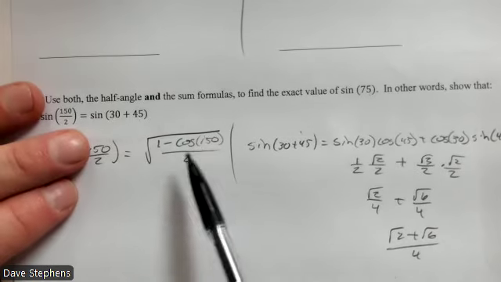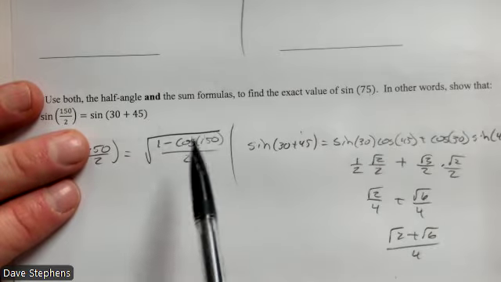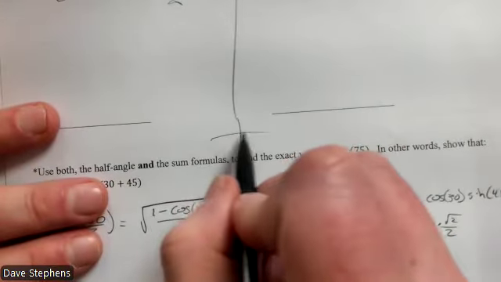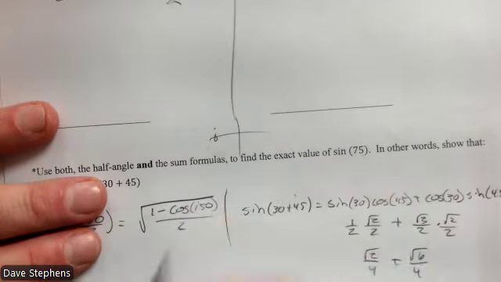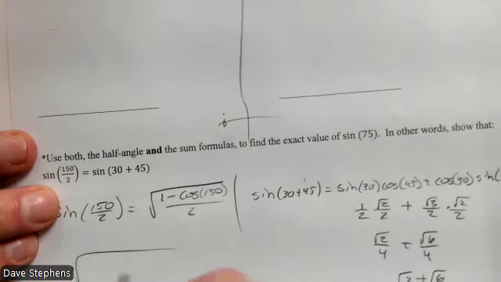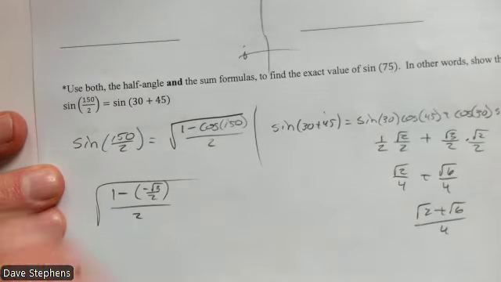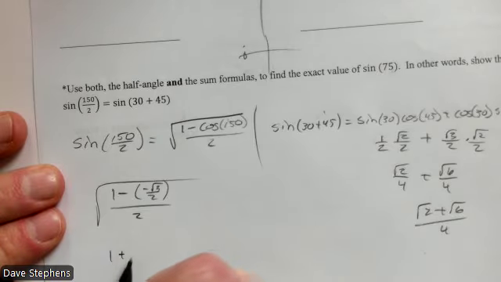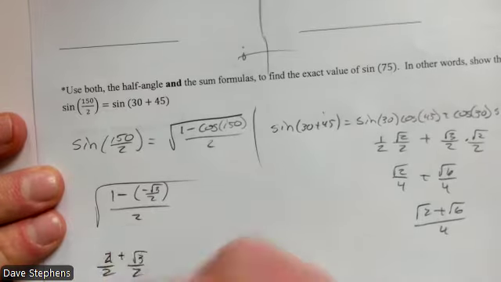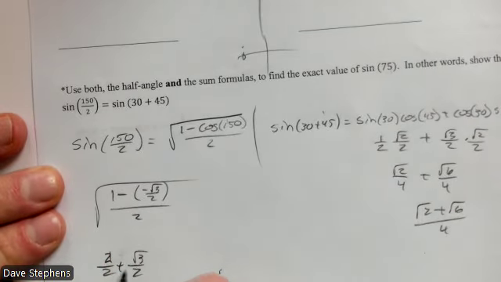I'm 75% positive that's true. 150, that is this guy here, negative root 3 over 2. Yeah, all right, so square root of 1 minus negative root 3 over 2 all divided by 2. So that's 1 plus, well, 2 over 2 plus root 3 over 2 all divided by 2 over 2.